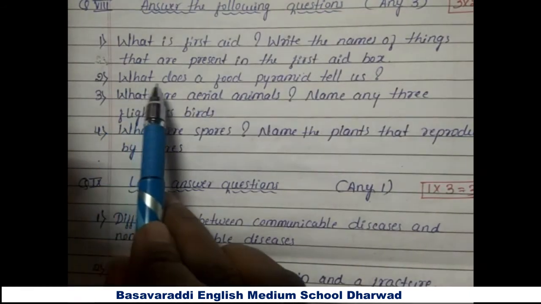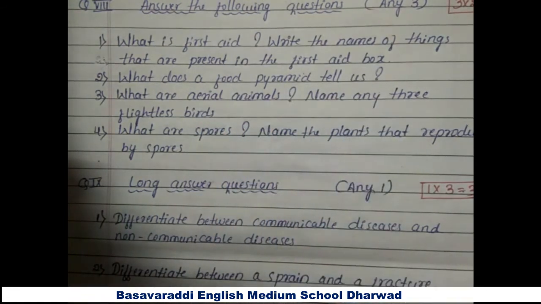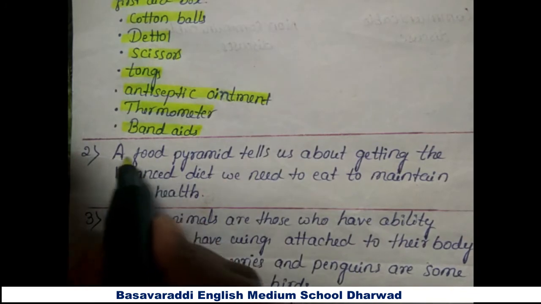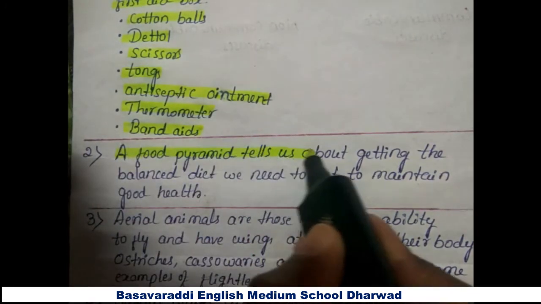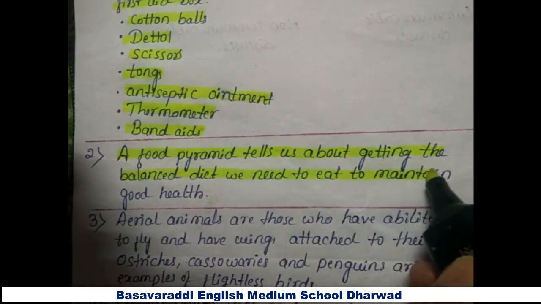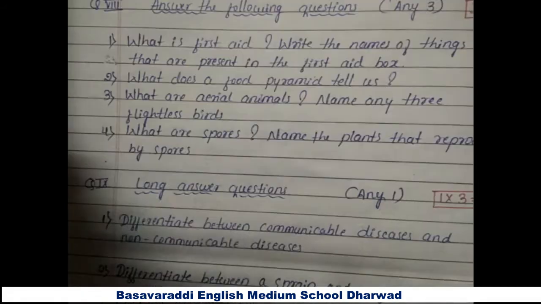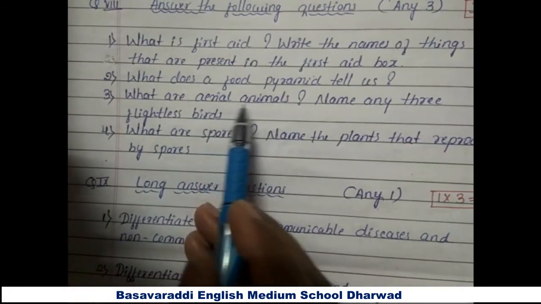Second question, what does a food pyramid tell us? Answer. A food pyramid tells us about getting the balanced diet we need to eat to maintain good health. Third one, what are aerial animals?